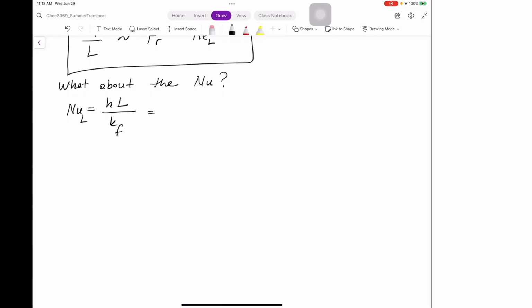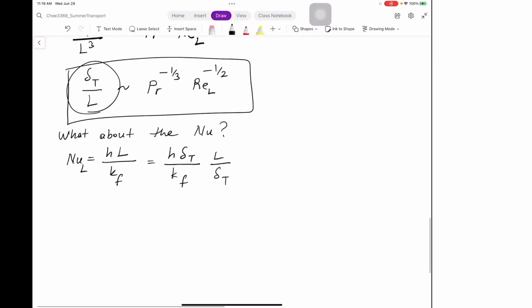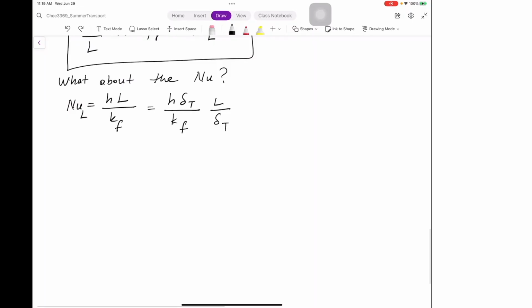That's equal to, as we did the trick before, H delta T over K fluid times L over delta T. Now I know the delta T over L, or in other words, L over delta T, right? I can write it there if I like, but yeah, let's have a look at this thing.